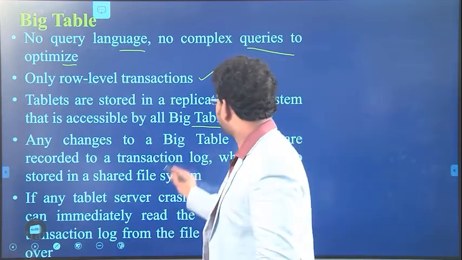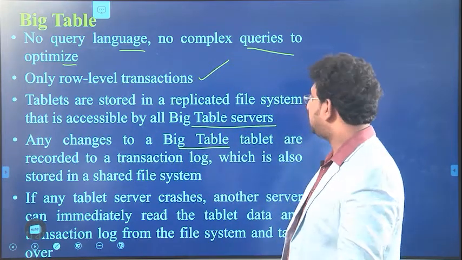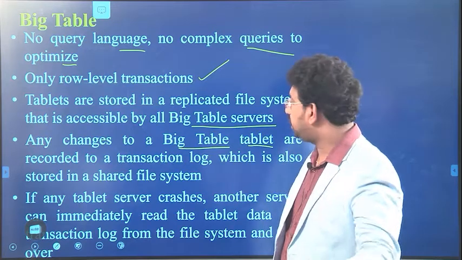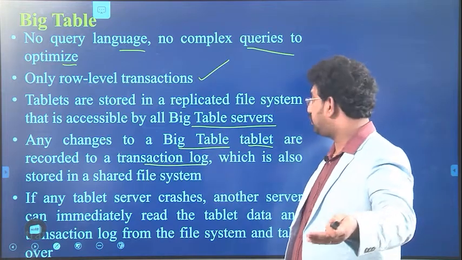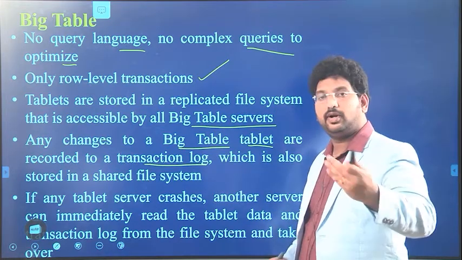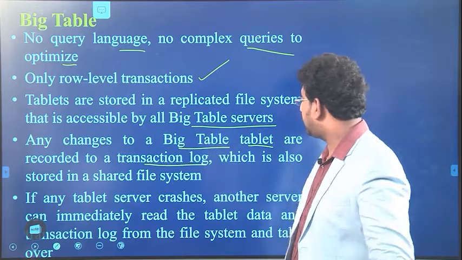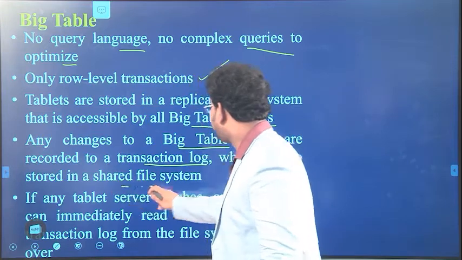Now, any changes to a Bigtable tablet are recorded to a transaction log. If you make any changes to the Bigtable tablet, the entire information will be maintained in the transaction log, which is also stored in the shared file system.